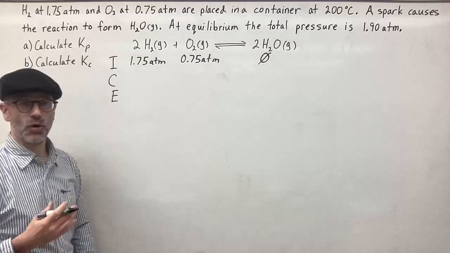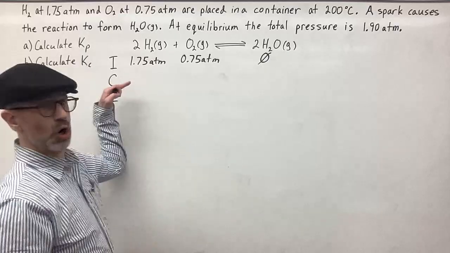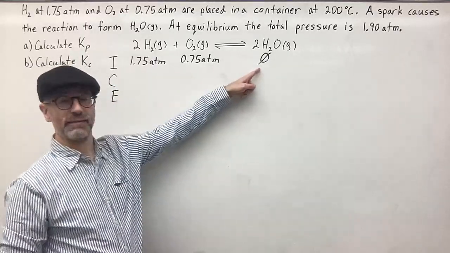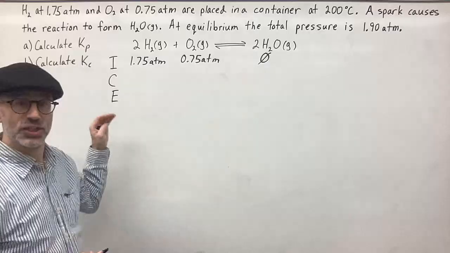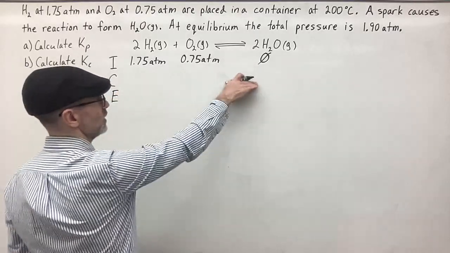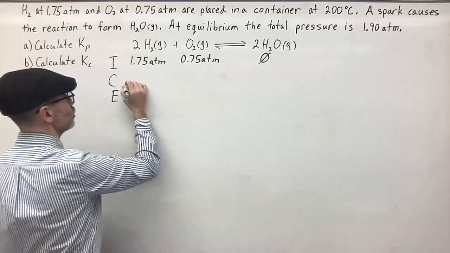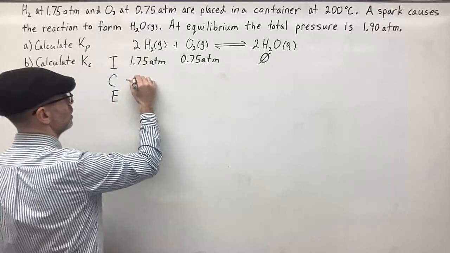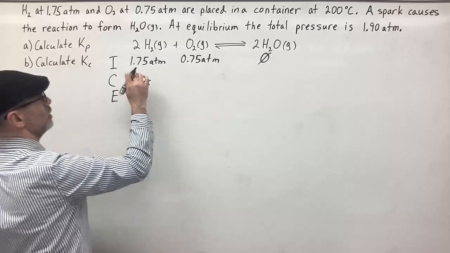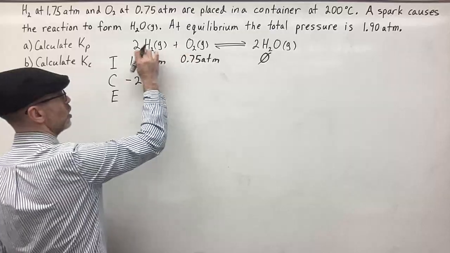And then we're just going to find the change now. We know that it's going to go in this direction because we don't have any product, so it's going to shift to make product. You can't have zero of something, so it's going to shift in that direction to fill in that amount. So we're going to lose a 2x amount because we have to pay attention to the stoichiometric coefficients.